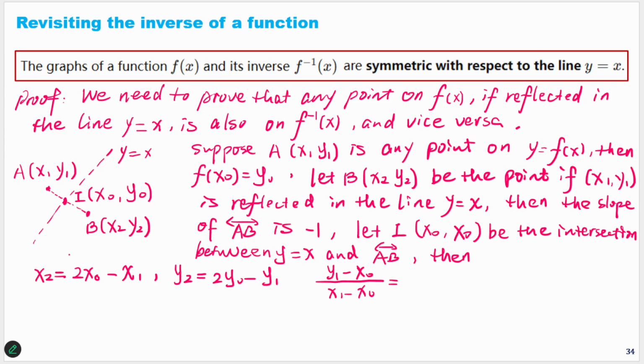That's the slope of AB, right? Which is -1. And this gives us y1 minus x0 equals x0 minus x1. And this gives us 2x0 equals x1 plus y1, right?